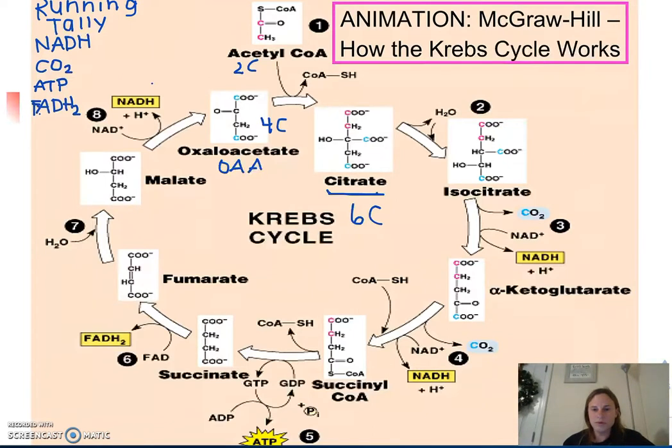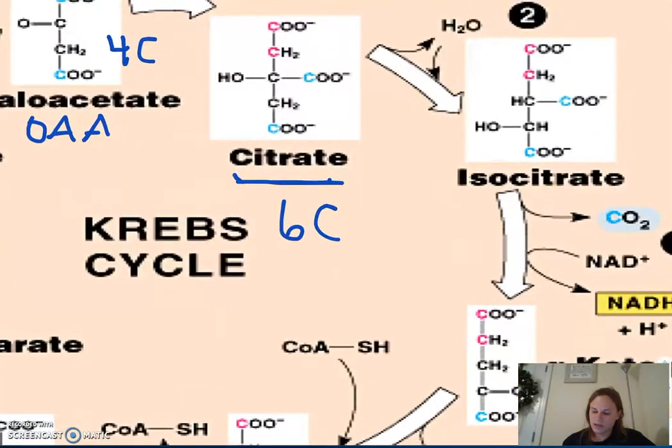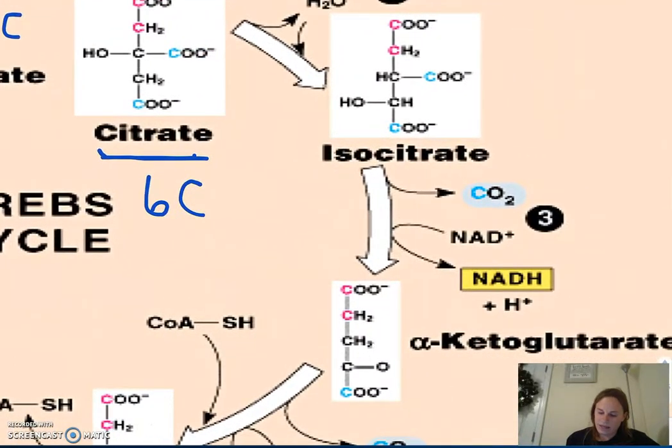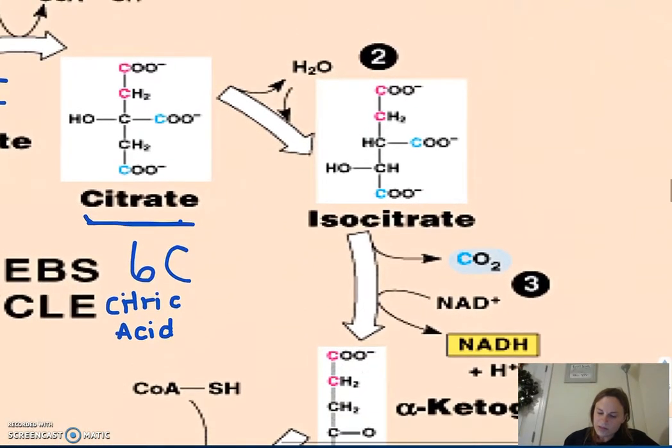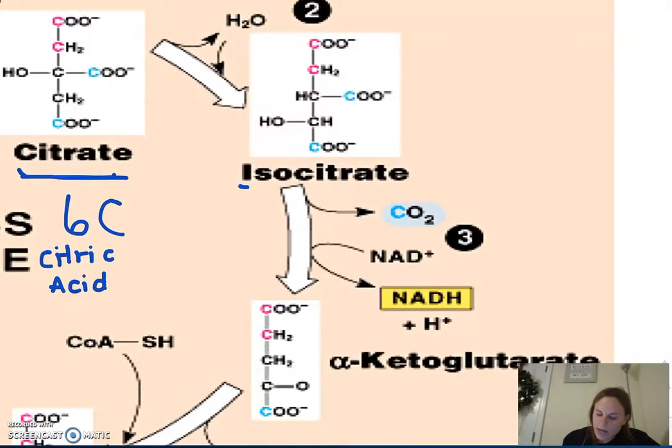So I'm going to go through the steps of the citric acid cycle. Let's start with citrate, also known as citric acid, hence the name citric acid cycle. Citrate loses water, gains water, forming isocitrate, which is still a 6-carbon compound.